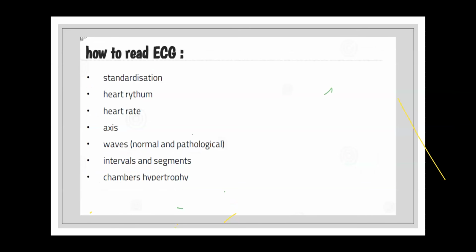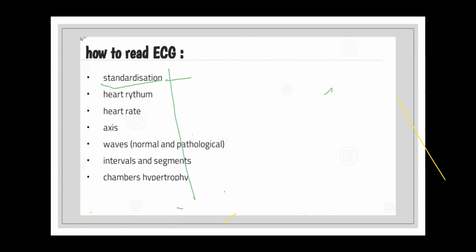So how to read ECG? If you start reading ECG, you have all these components. First, before you start, check for the standardization. Is your machine set on proper calibration or not? This is very important, because if it is not properly calibrated, the complex size would be affected.